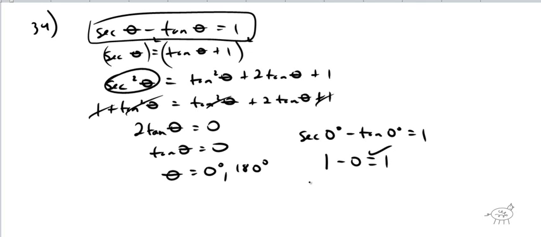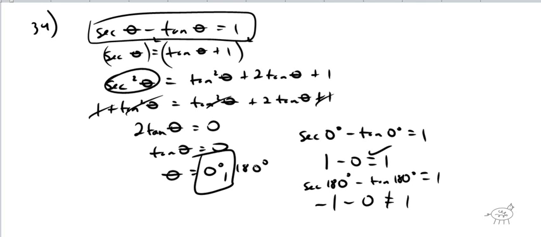Let's put a 180 in there. Secant of 180 minus tangent of 180, and that's got to equal 1. Cosine of 180 is on the left side there. That's actually negative 1. And tangent of 180 is back to 0. So that is not equal to 1. So my only answer for this one is 0 degrees, and 180 is out of there.